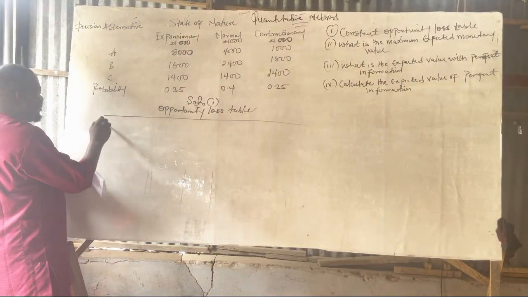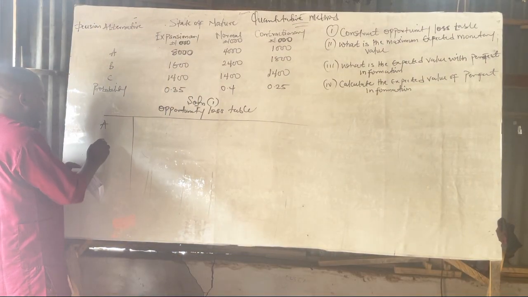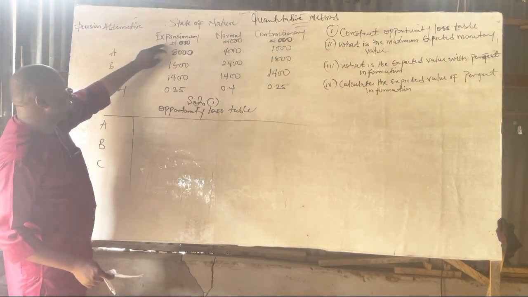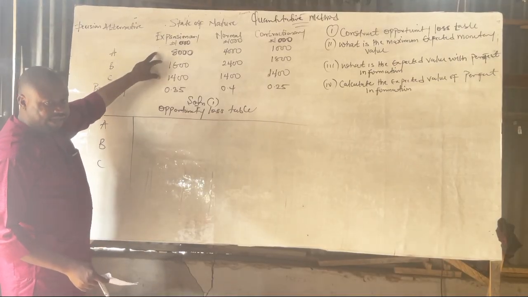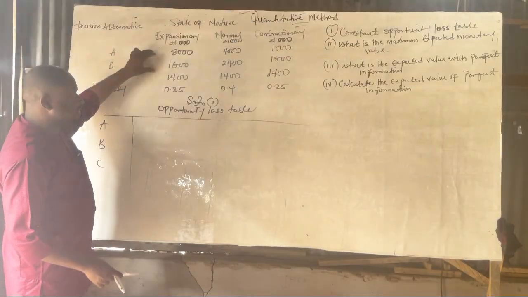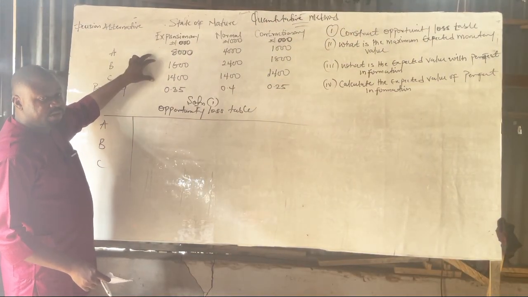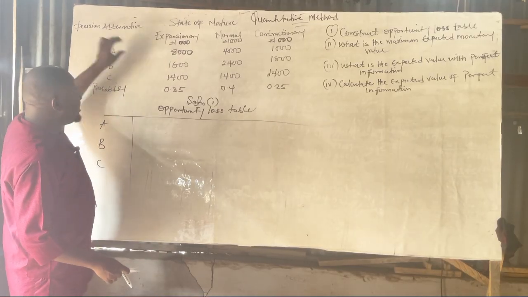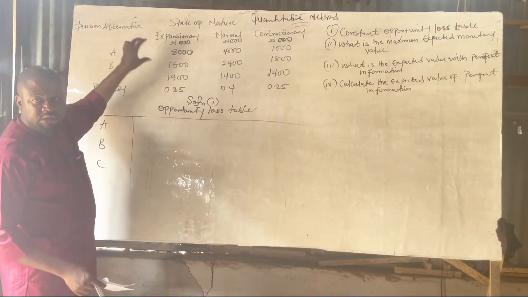Now we have three securities we want to embark on: security A, B, and C. On the first state of nature, which is expansionary, like I said, an opportunity loss table summarizes all the losses from each state of nature, the losses based on the businessman not embarking on the best payoff.